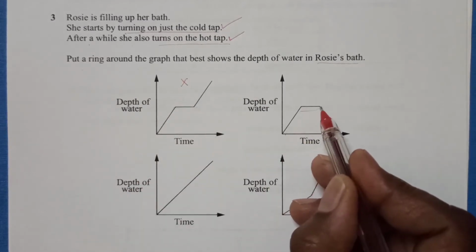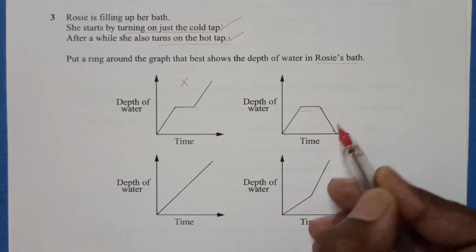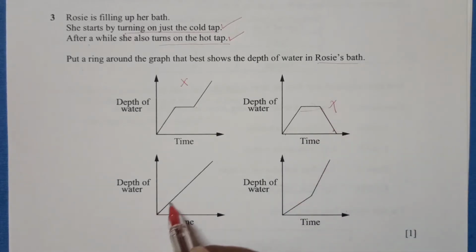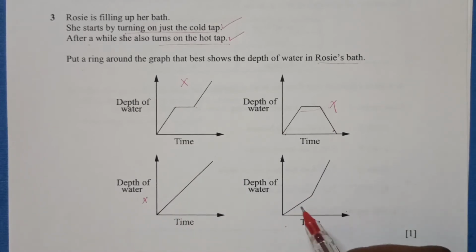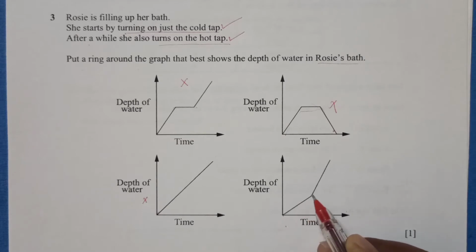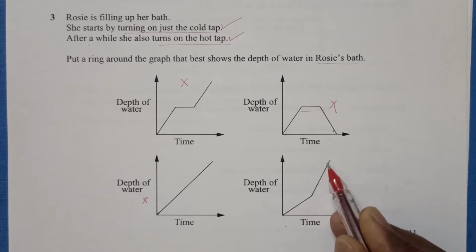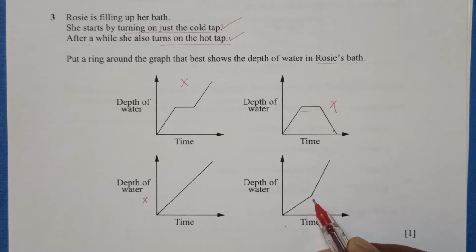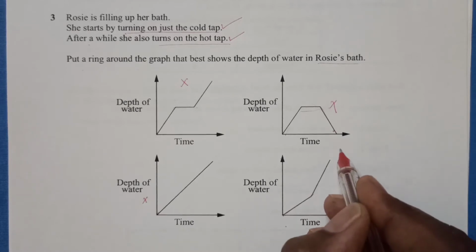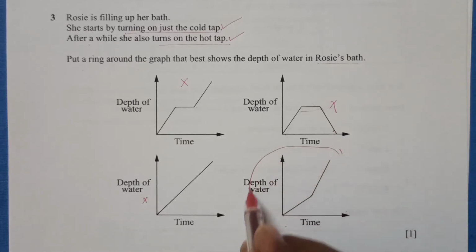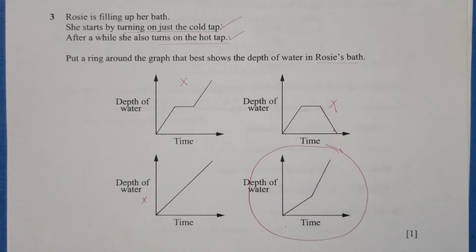Here also, according to time, the water level is going down, so no. This one is increasing continuously, so this is also not. So this will be our answer, because you see up to this point it's the cold water filling up slowly, then with 2 taps it's steeper. That means the bath is filling more quickly. So we are going to put a ring on this because both taps are open and it's filling up quickly now. So that's it for this. Let's move to the next one.